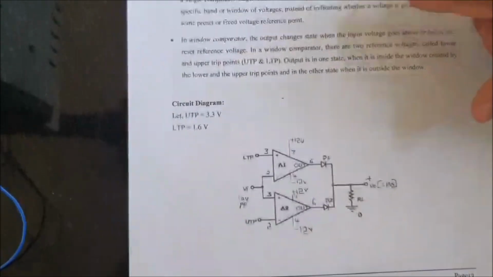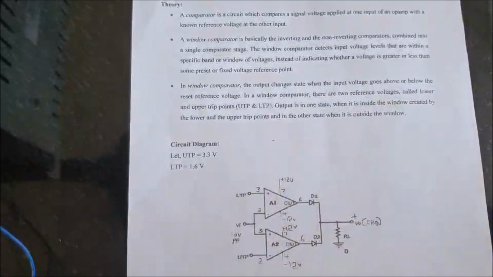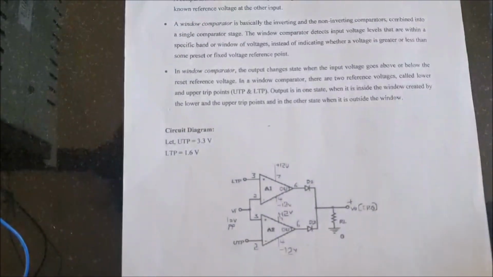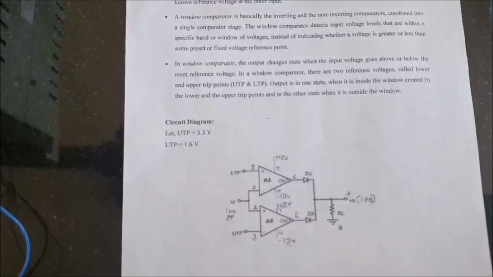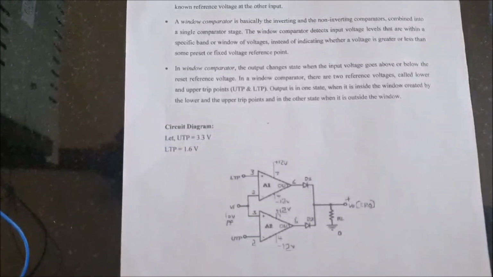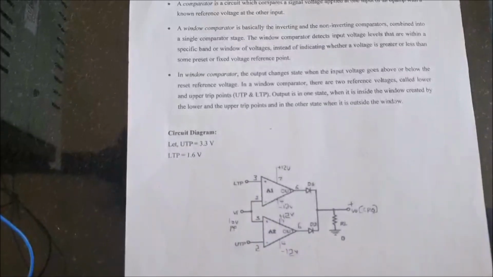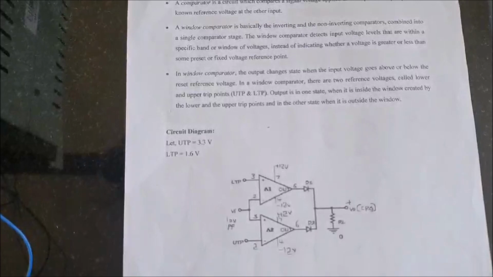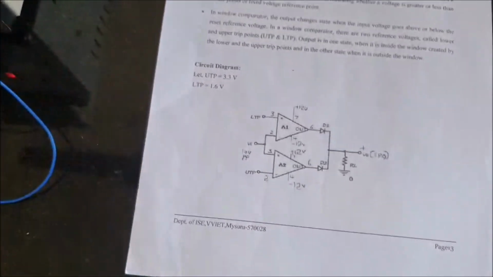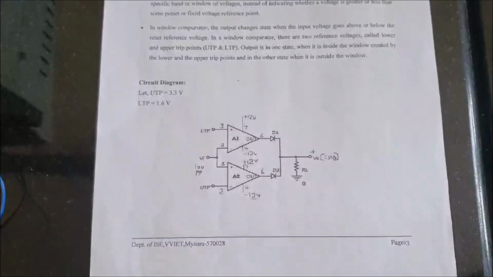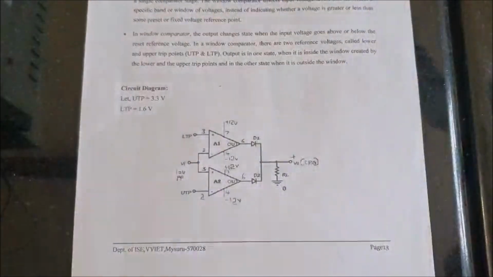Then we need a DC regulated power supply to supply plus and minus 12 volts to both of the op-amps. Then we need a signal generator, and a CRO to get the output. Also we need the regulated power supply to give the UTP value and LTP value as reference voltages.